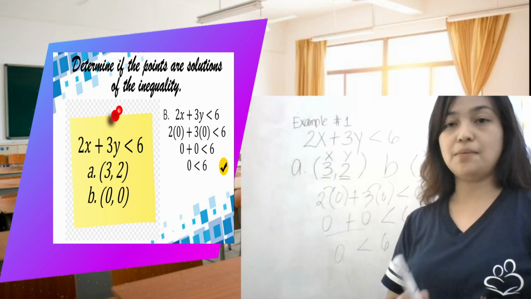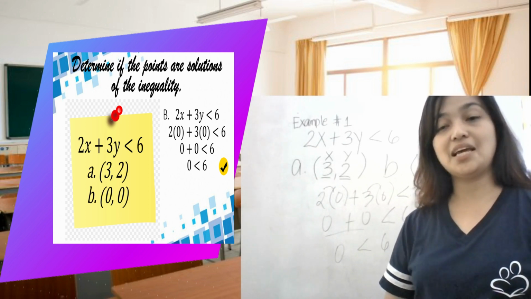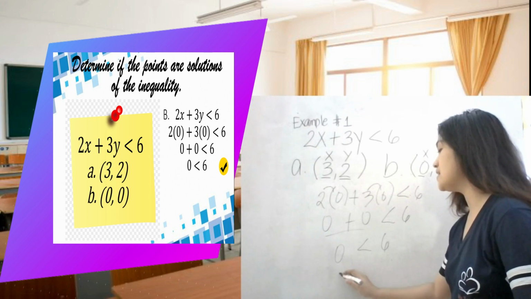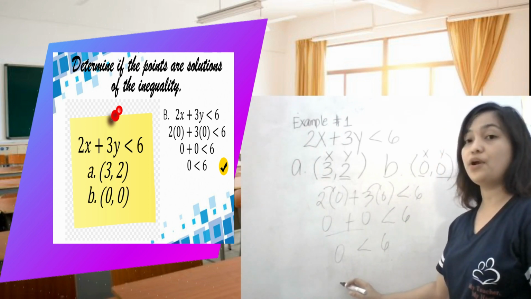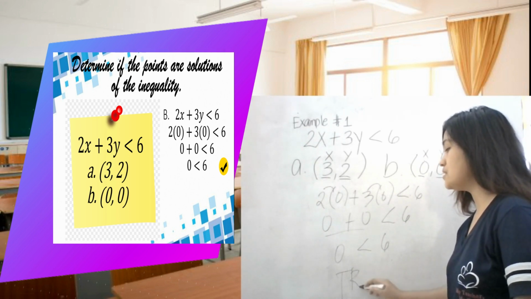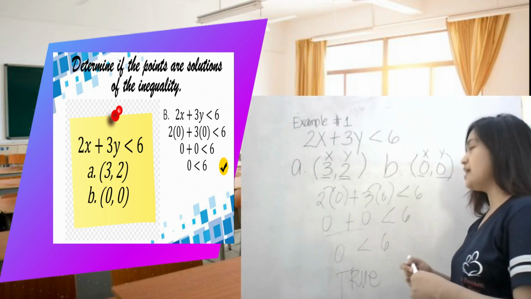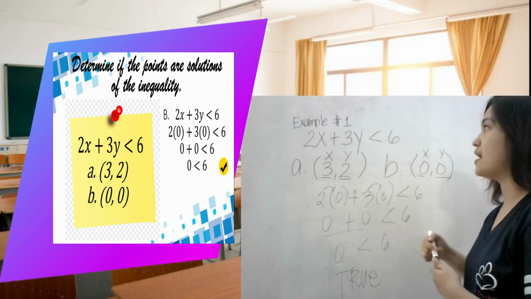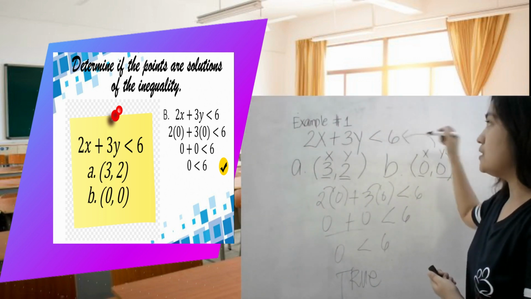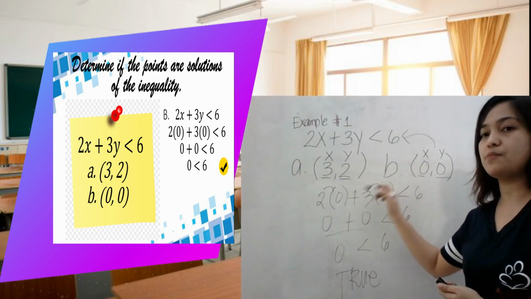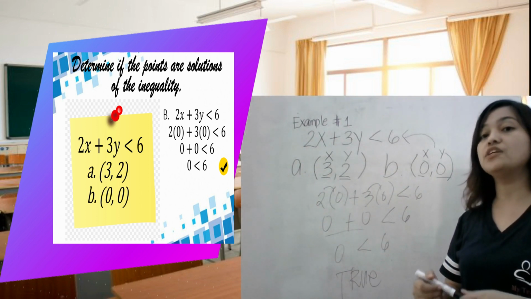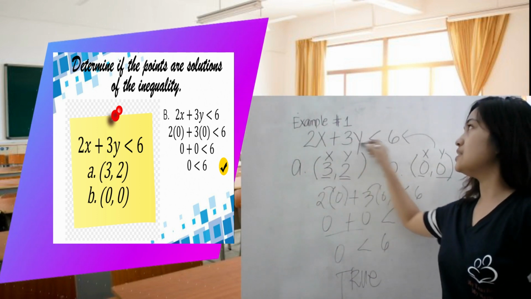Ang 0 daw ay mas maliit kay 6. Is it true? Obviously, the answer is yes or true. So that means, nag-satisfy ang ating coordinate (0, 0) sa ating inequality. So that means the letter B, which is having the coordinate (0, 0), is the answer or the solution for this inequality.